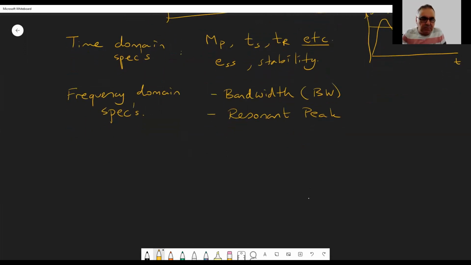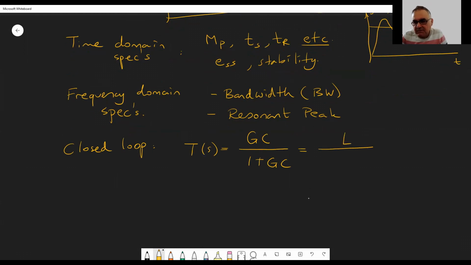Now, we will look at the closed loop system, which, as you might remember, is T of S, which is GC over 1 plus GC, or it is L over 1 plus L, where L is GC.